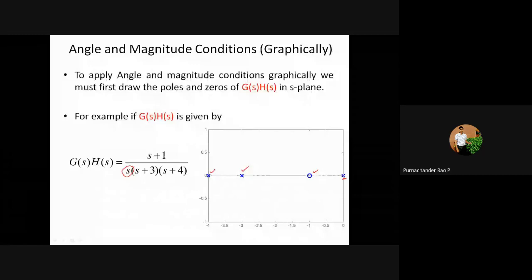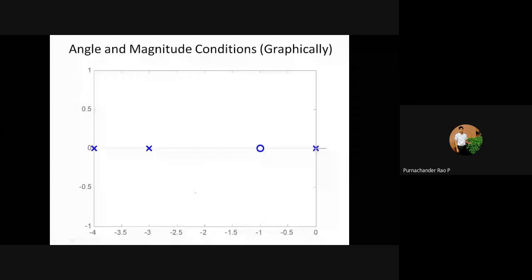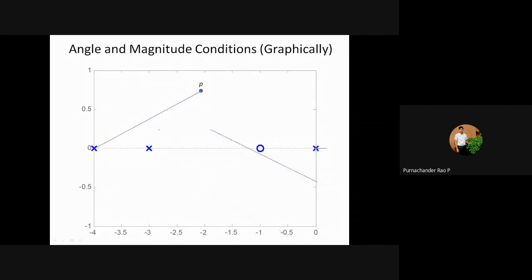The denominator values are poles and the numerator values are called zeros. So there is one zero at -1, and all the remaining are poles. With the help of this, you can find out the angle condition by taking any test point P and joining this point to all the poles and zeros.